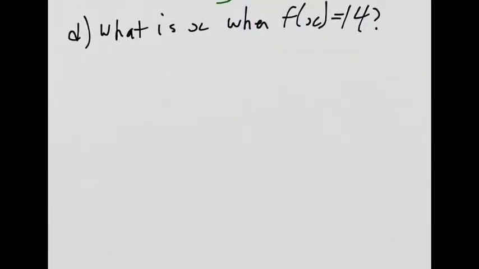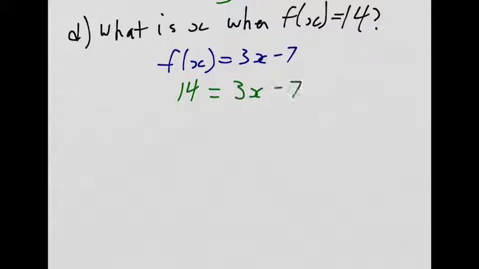Alright? Same thing down here. What number could I put in for x to give me an output, or the function evaluated at that x, of 14? So in f of x equals 3x minus 7, I'm going to replace f of x with 14 and then solve for x. So I bring the 7 over, change sides, change signs.